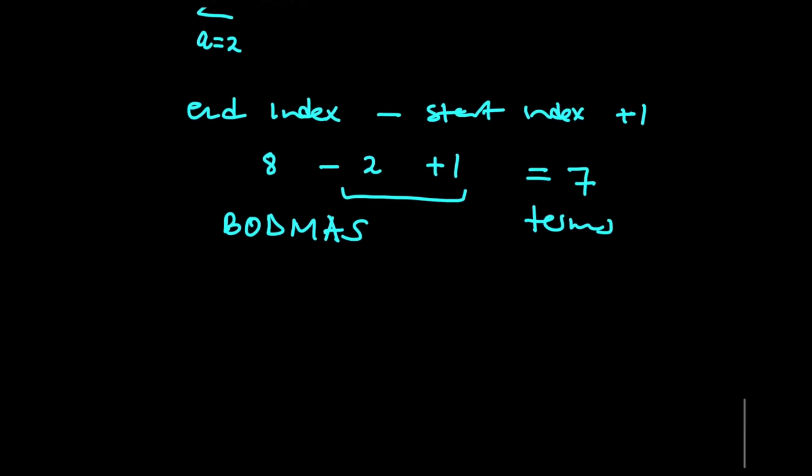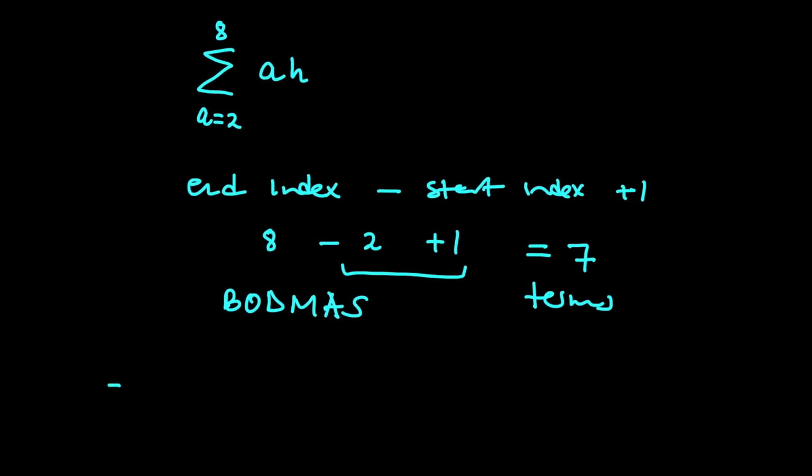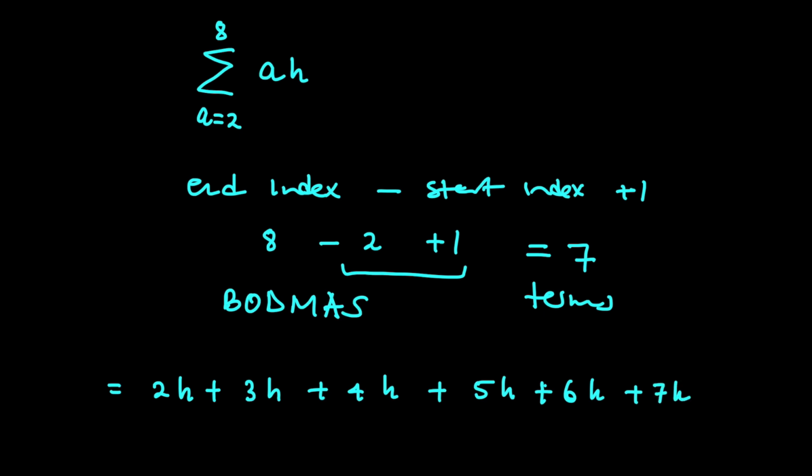Okay, cool. So let's just prove that there are indeed 7 terms. We are starting from a, and a is going to be 2 times h plus 3 times h plus 4 times h plus 5 times h plus 6 times h plus 7 times h plus 8 times h.